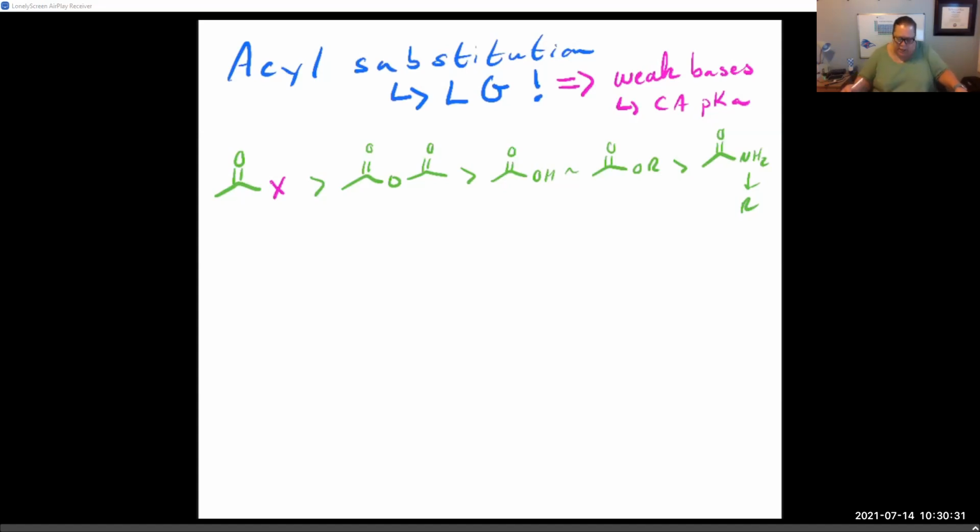And I don't want you guys to see them and freak out. The chemistry is exactly the same. And so X in this case is going to be equal to bromide or chloride. And so this would be our leaving group. The conjugate acid of bromide, of course, is HBr. The conjugate acid of chloride, of course, is HCl.